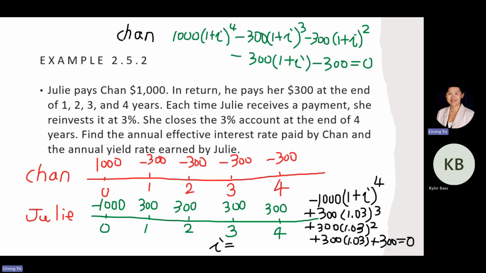Question. For Julie, only that 1,000 is unknown. We don't know the interest rate for that. But assuming this negative 1,000 is the reason for all the other 300 inputs. The 300 inputs have been reinvested, so they have a fixed rate of return. And then the 1 plus i is the default. So we will figure out what i is exactly, if there's no other cash flow to help.